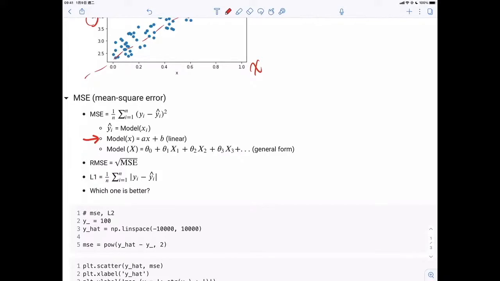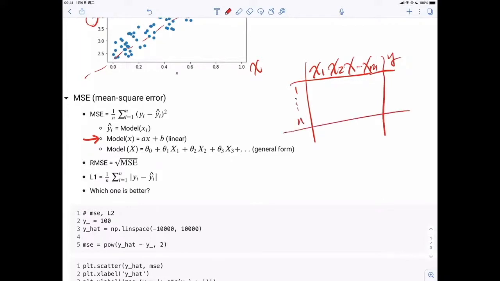However, sometimes our data may be like this: x1, x2, up to xn, and y. So we can use this general form, 就是一般式嘛, to describe this multi-feature data by using linear regression.